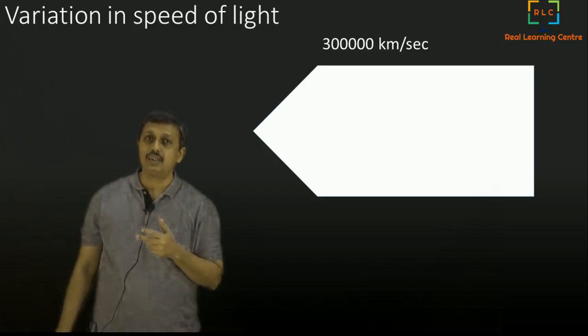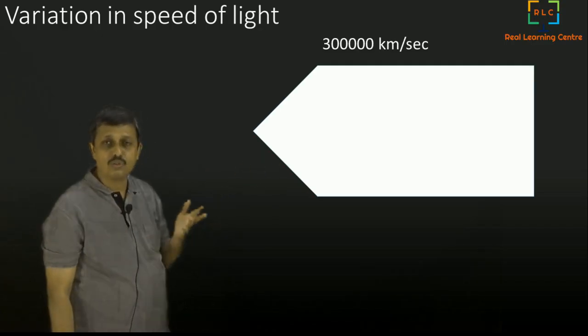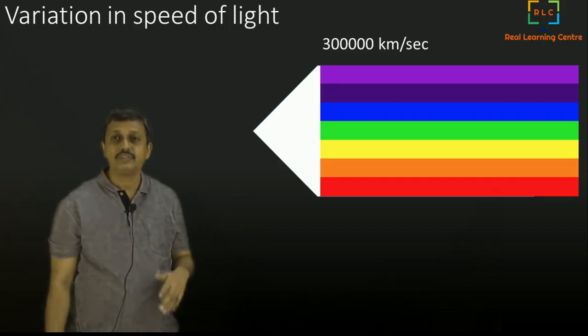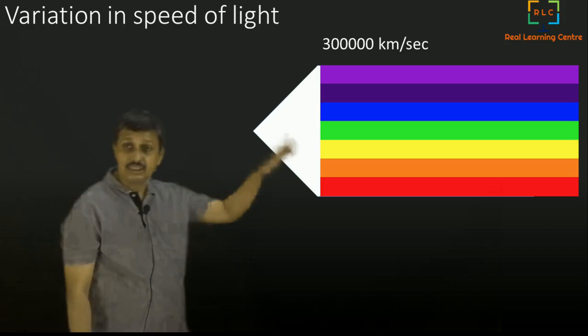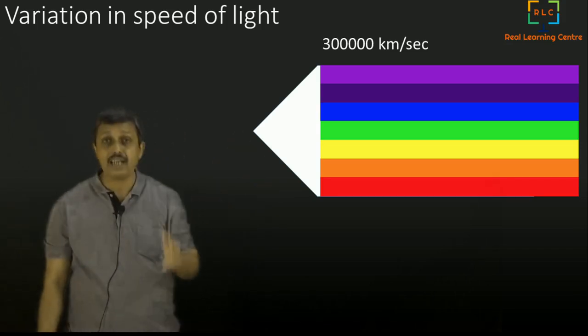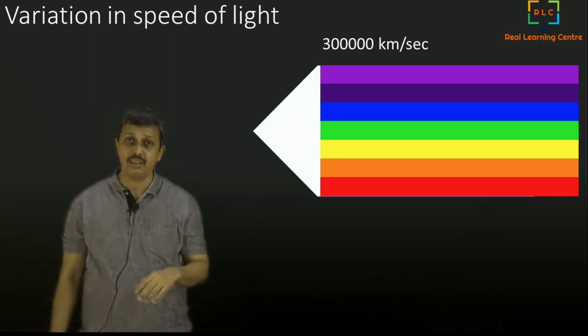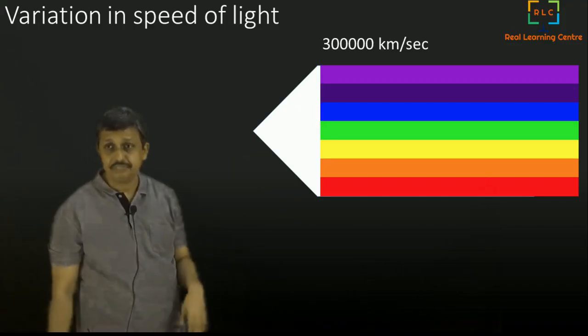But if I take the light ray and make it go through, let us say, a glass slab. First of all, we know that the light itself contains all these colors, though they are together. We see it only as white light that actually contains so many colors.